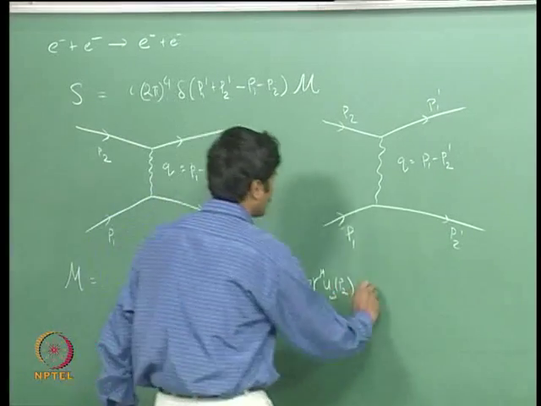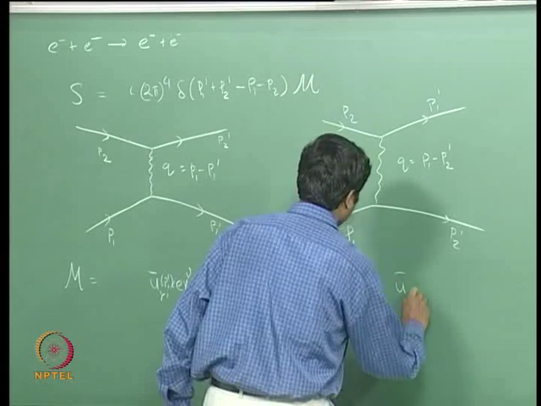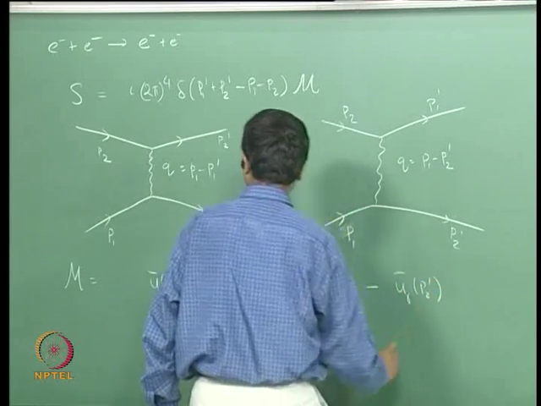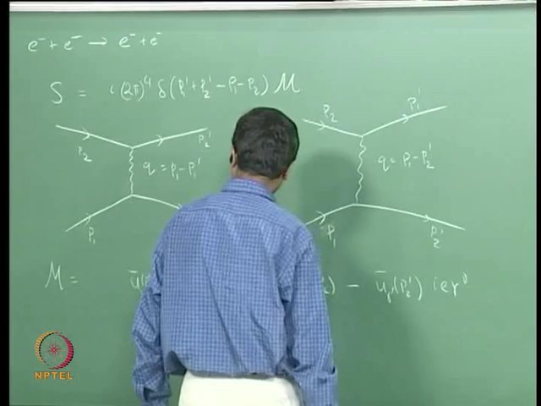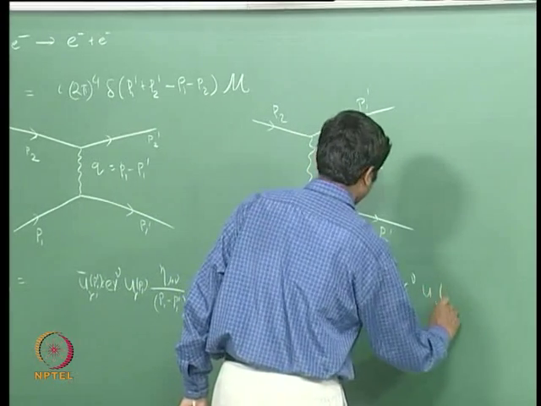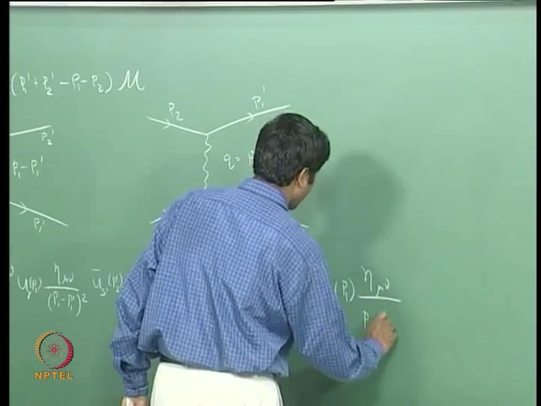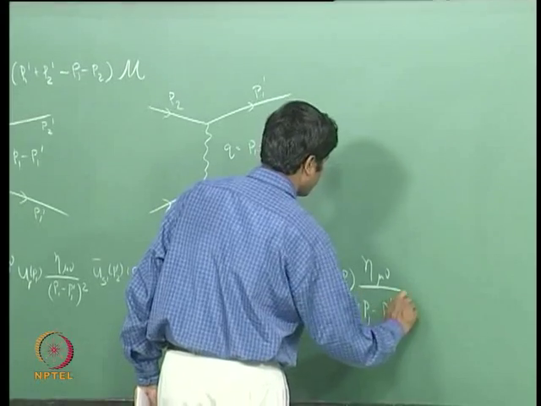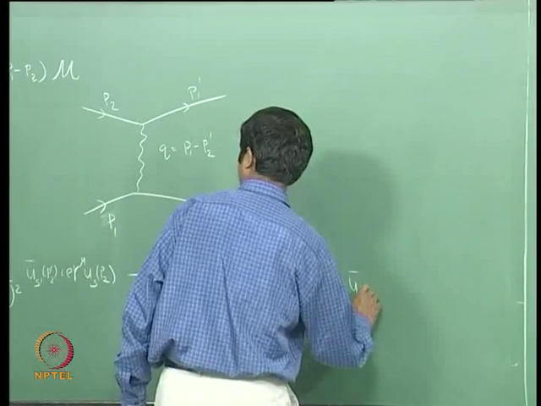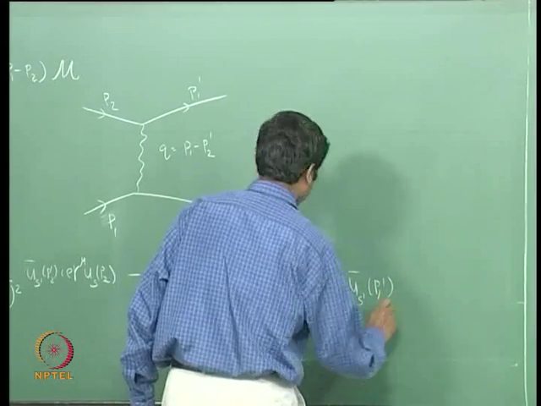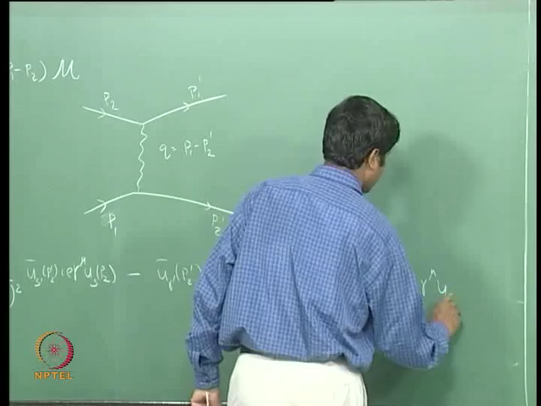So, the amplitude for the second one is with a minus sign. I will just write ū_r'(p2') i e γ^ν u_r(p1) η_μν divided by (p1 − p2')², and ū_s'(p1') i e γ^μ u_s(p2).